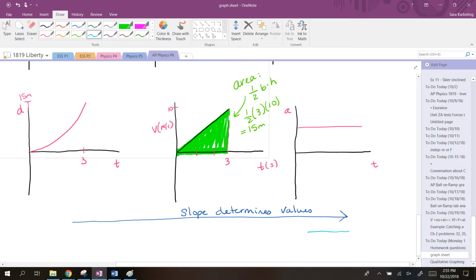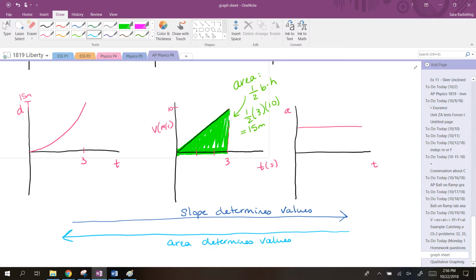If you move to the left, the area determines the values. Okay? Now you've learned all of first and second semester calc. You're welcome. All right. Well, yeah, this is the principle behind it, right?